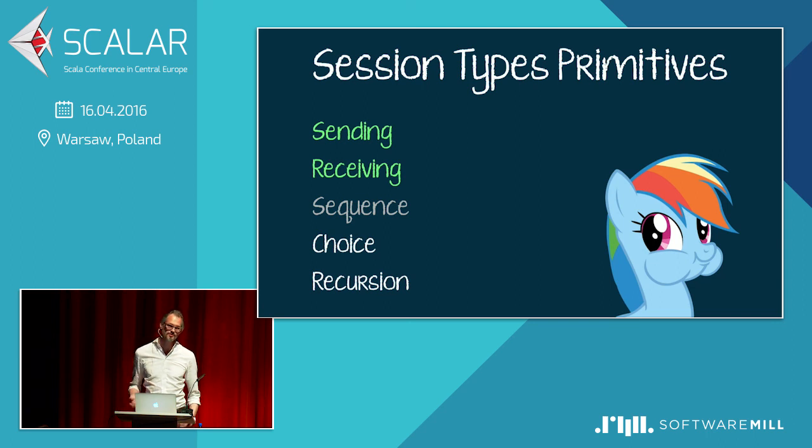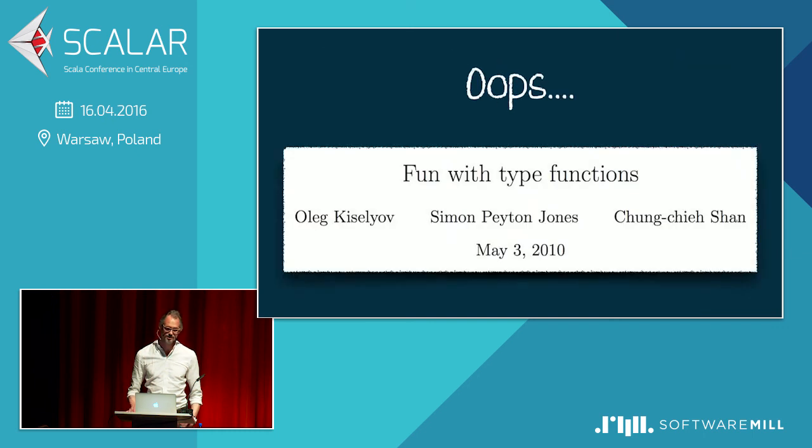But if we need to map them on a RESTful and hateful sense, then there is this possibility that the client at some point needs to choose from a hypermedia control which it selected. And there we go into a problem, because in 2010, in Fun with Type Functions, Simon Peyton Jones and others showed that in this way session types cannot be encoded and cannot be modeled.